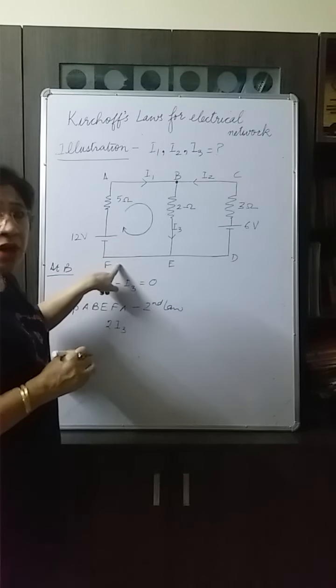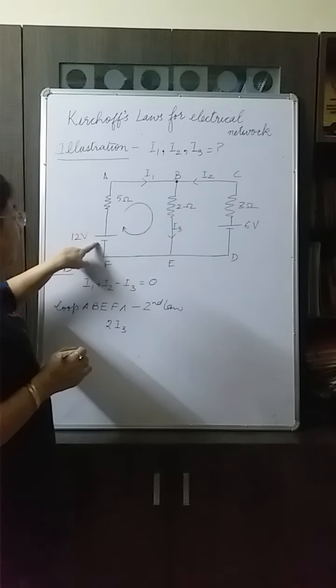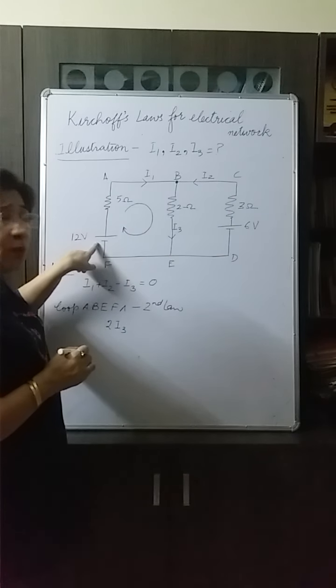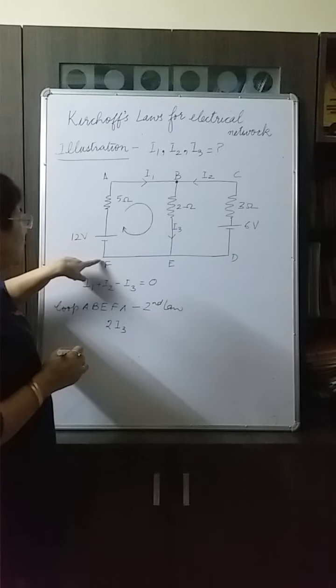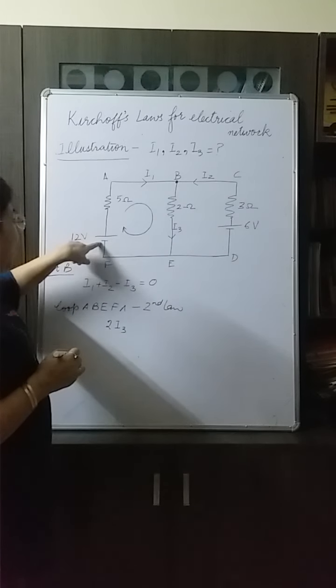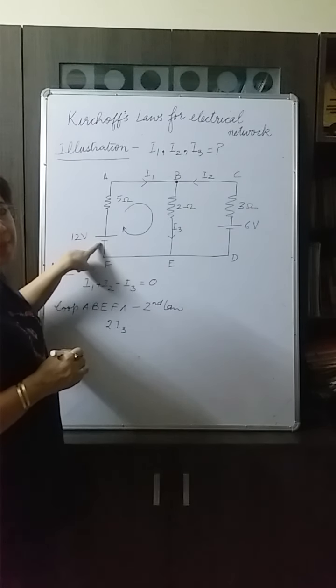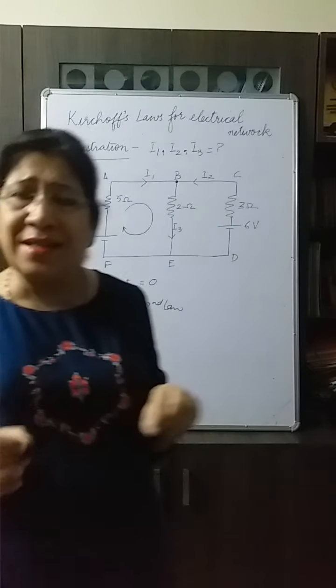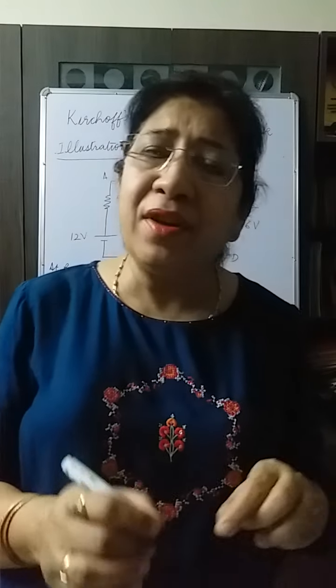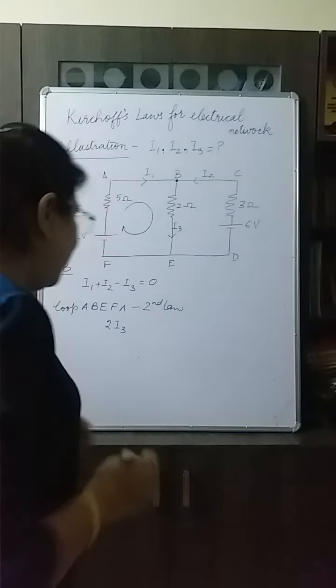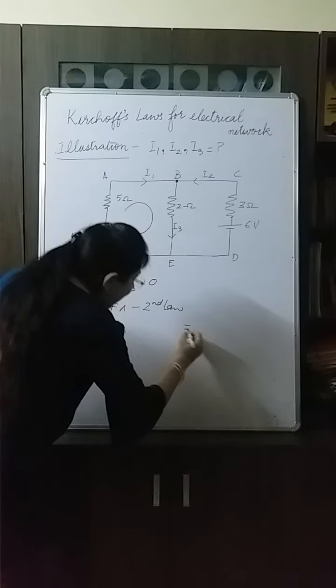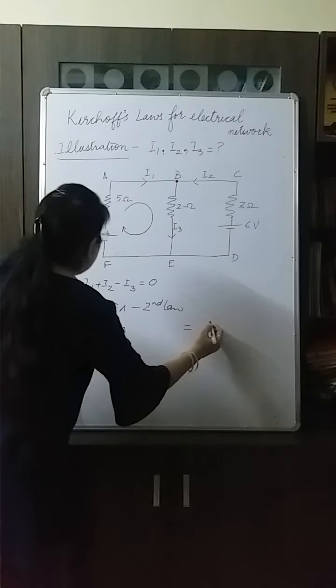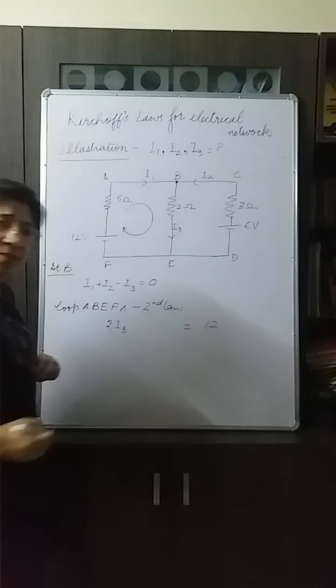Then move to the next part of the loop. Here again we do not have any element. Then move to the last part of the loop. As you move to FA, we see the negative terminal of the battery. Whenever a negative terminal is encountered in our direction of traversal, we take the EMF as positive, and on the right hand side we put the EMF as positive.